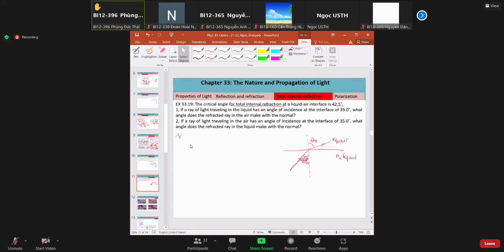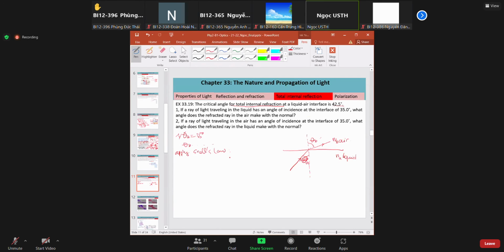Then you call theta A the incident angle, with theta A equal to 35 degrees, and theta B the refracted angle, as indicated in the figure. You have to say that. And then you apply Snell's law, right? Yeah, it's Snell's law.